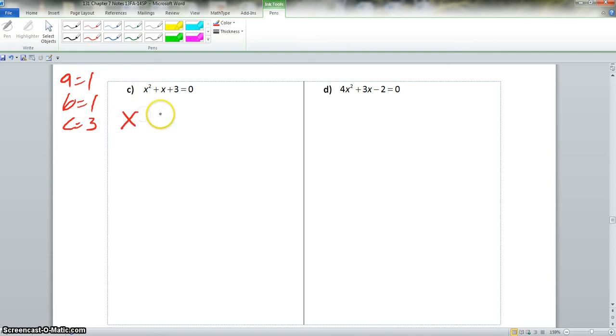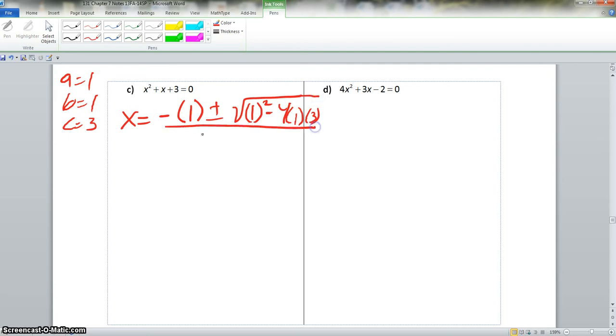So we have x is equal to, we know it's negative B, plus or minus the square root of B squared minus 4, we know A is 1 and C is 3, and this is all over 2 times A, which is 1.